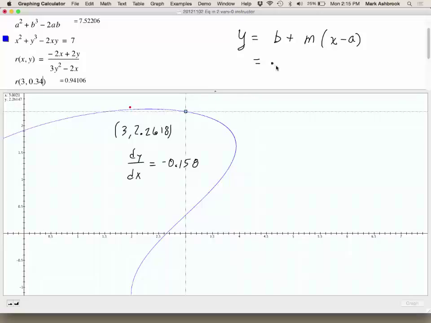So we've got a point here, 2.2618, plus rate of change negative 0.158 times x minus a, where a is 3. So what line would that be? I've got a point and a rate of change. What line would that be?